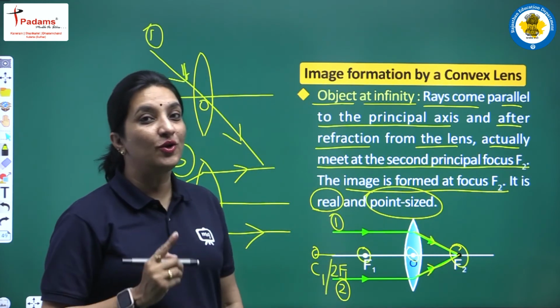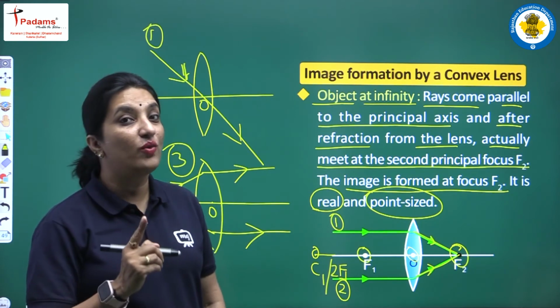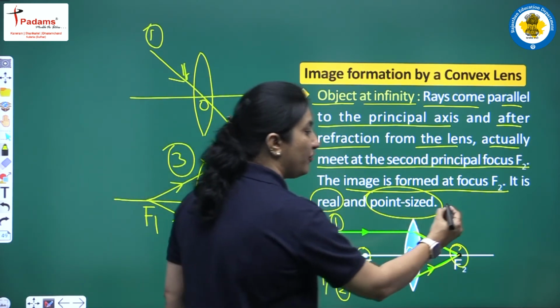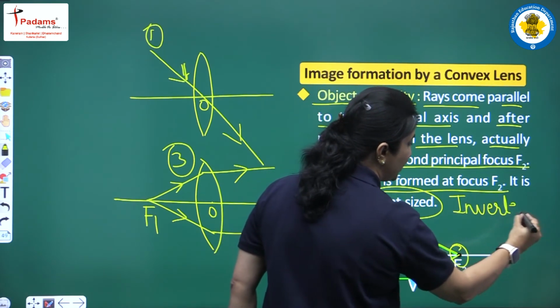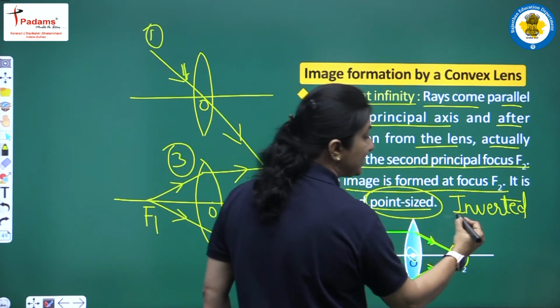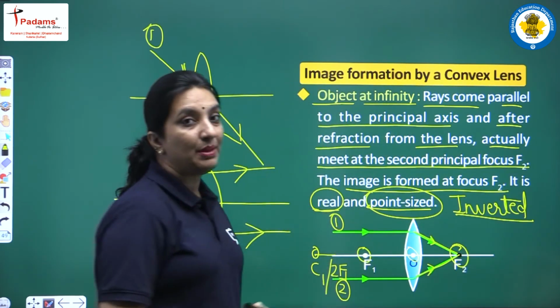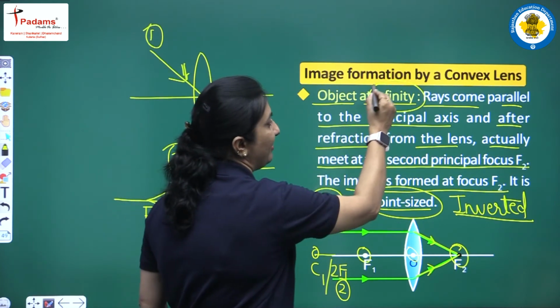Now students, we know that all the images which are real are always inverted. So we'll have an inverted image. So real, point sized and inverted image when the object is placed at infinity.